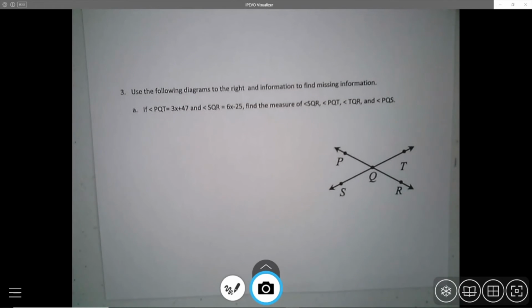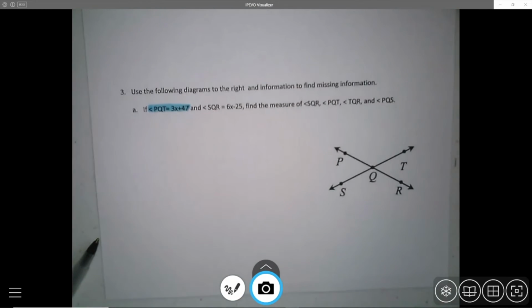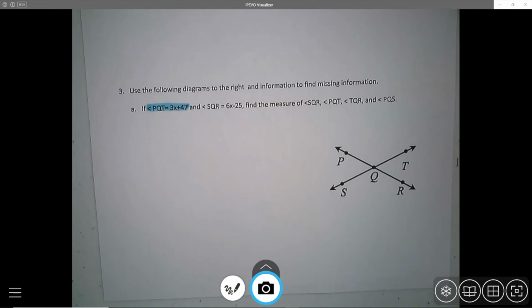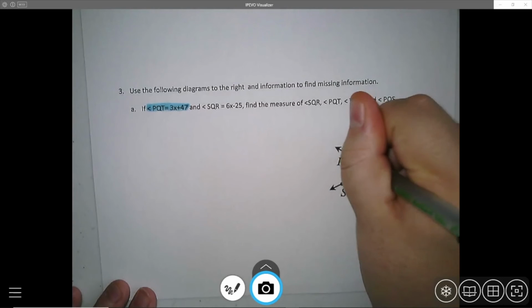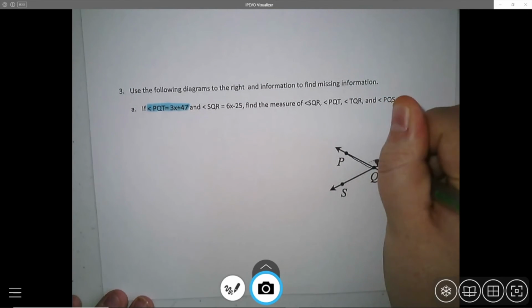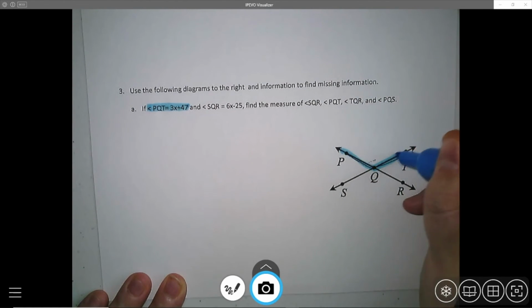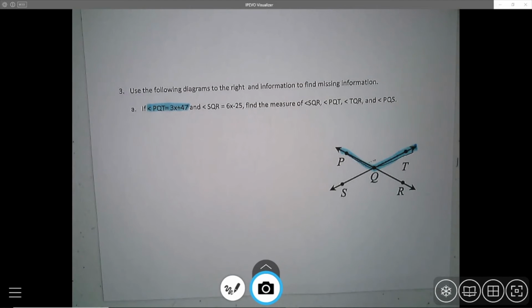So, looking here at the first one. Okay, I see an information of if PQT is 3x plus 47. So, P to Q to T. Okay, that's up here in this top part. Always in between that.